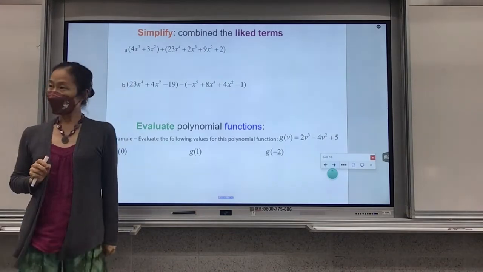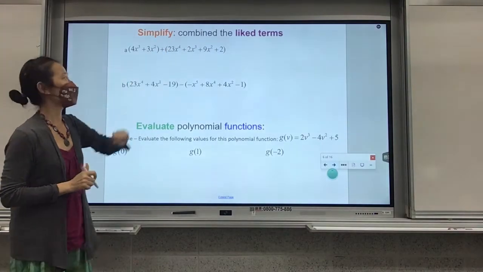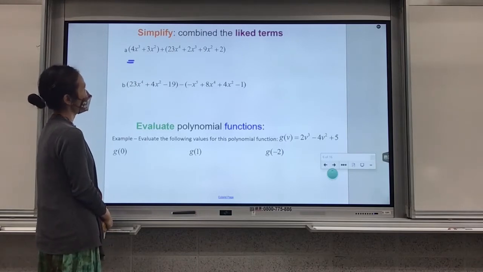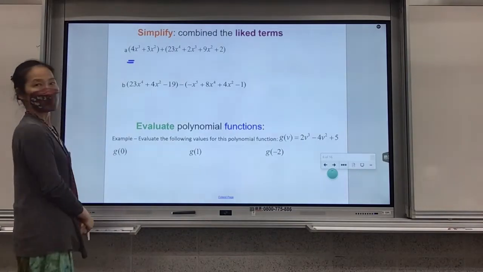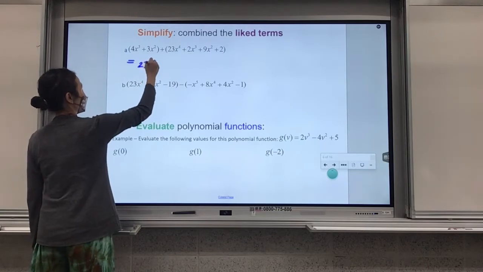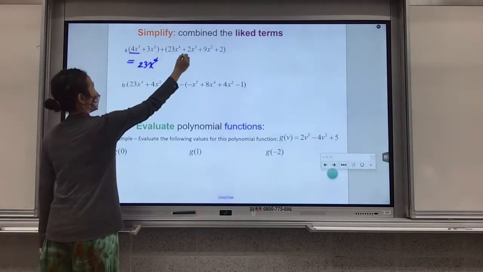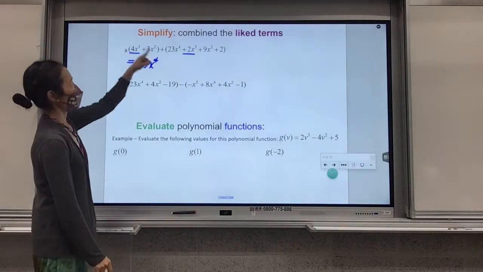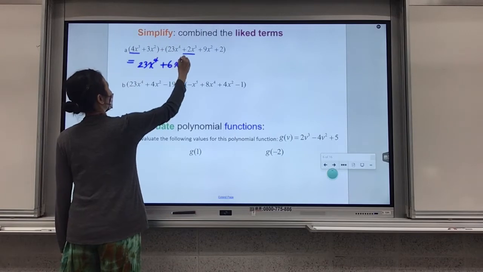And I want to write it in standard form, so the highest degree term goes first. Which term is the highest degree? Muriel? 23x to the power 4. Yeah, that's degree 4. Then I have two like terms with the degree of 3, so add them together: 4 plus 2 is 6.